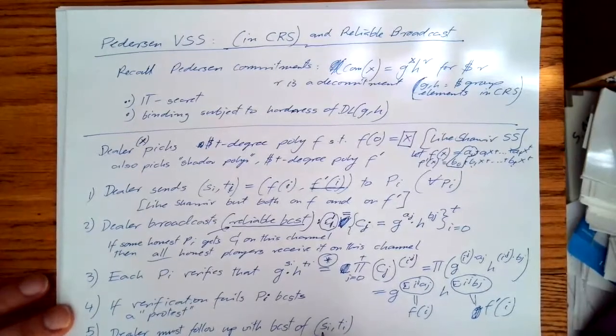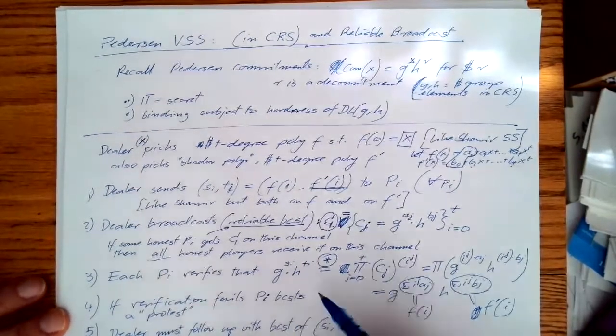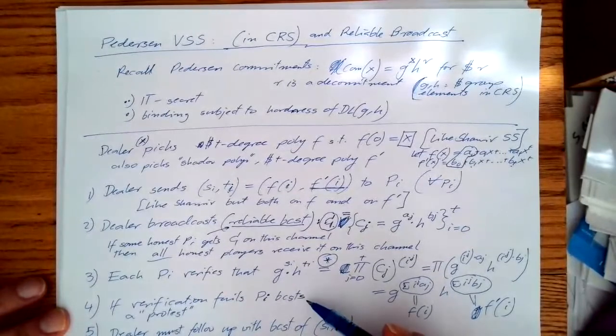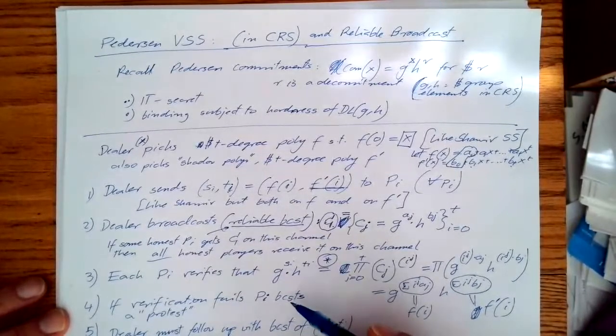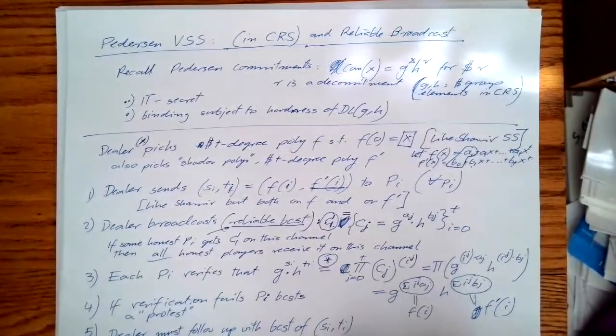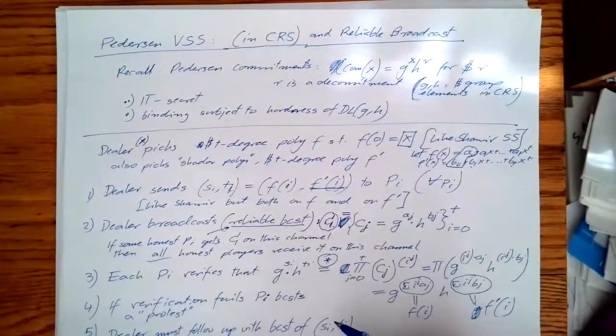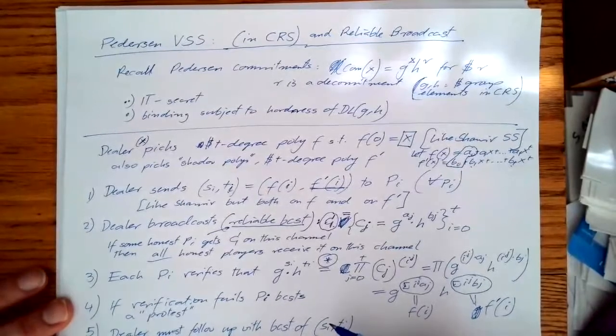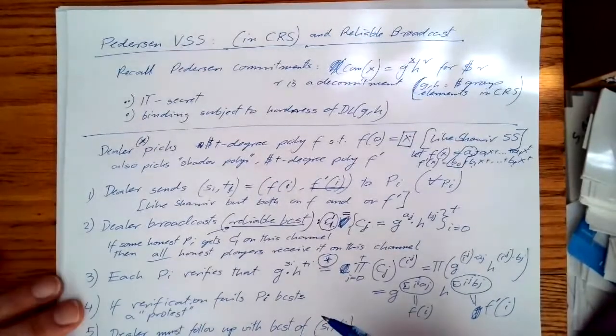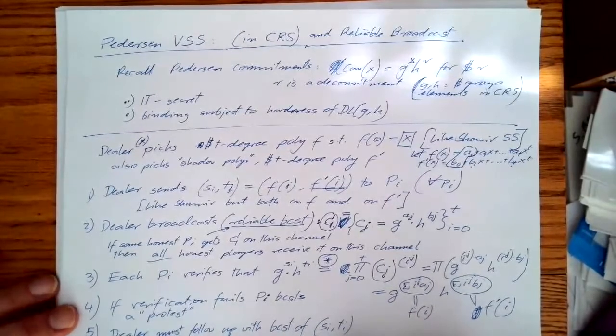Why is that okay? Two cases. If this guy is bad and he just wants to make some share public by pretending that it was badly delivered, well, he causes this share to be public. But if the dealer was honest, and that's the only case in which revealing the stuff that the dealer produces is relevant at all, because if the dealer is a bad guy, then whatever, the adversary already knows what he knows.